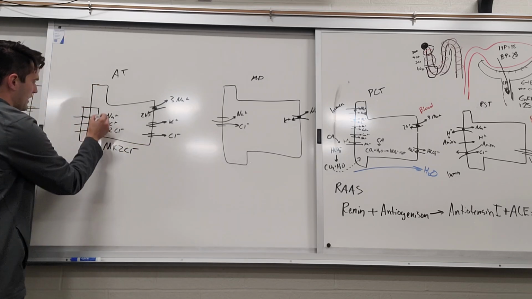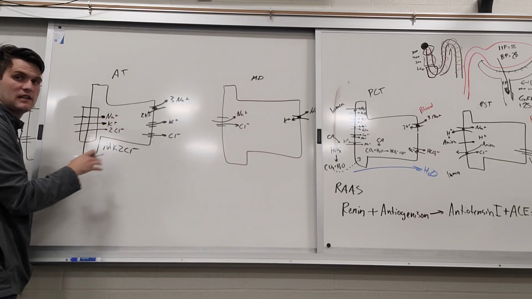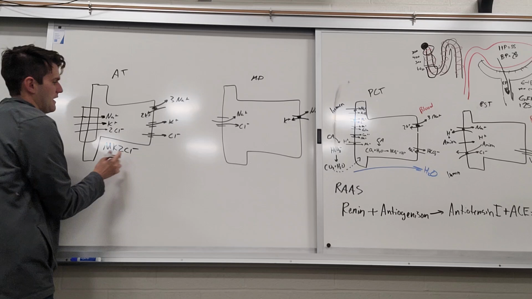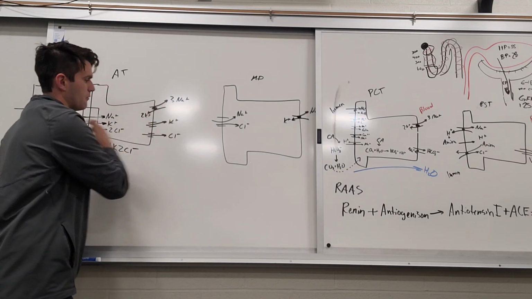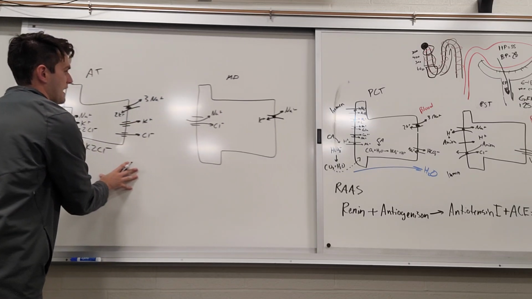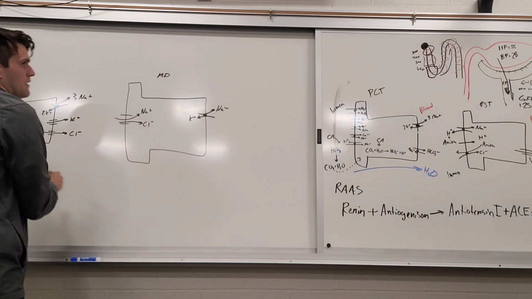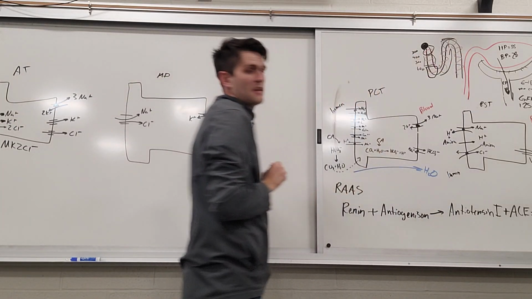So what we're doing is we're bringing in some sodium, some potassium, and 2 chlorides, and then through some leak channels and our sodium potassium pump, we're going to reabsorb those ions as well, okay? Now our macula densa here, which is kind of that top curve here, before we get into our collecting duct.